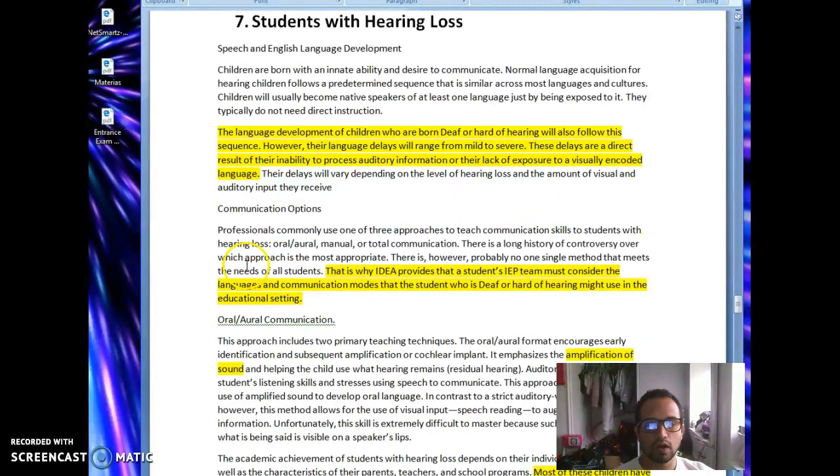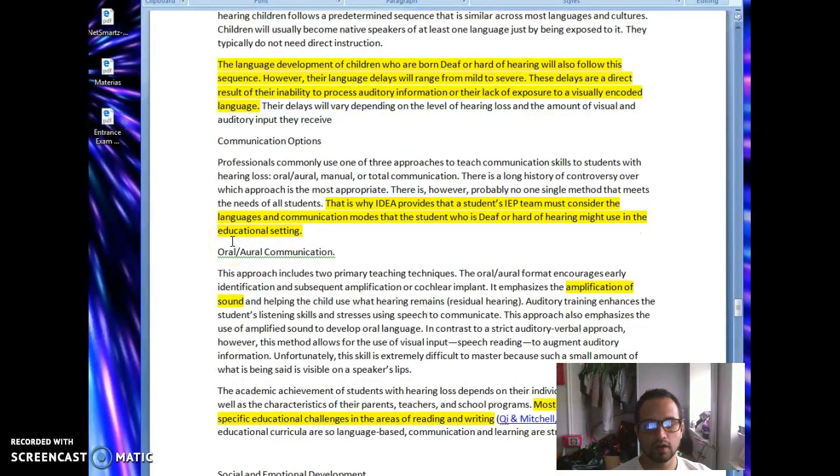What I'm saying is that if the student presents an issue with hearing, that doesn't mean that they cannot perform well. It just depends on communication and how the information is being presented to the student.